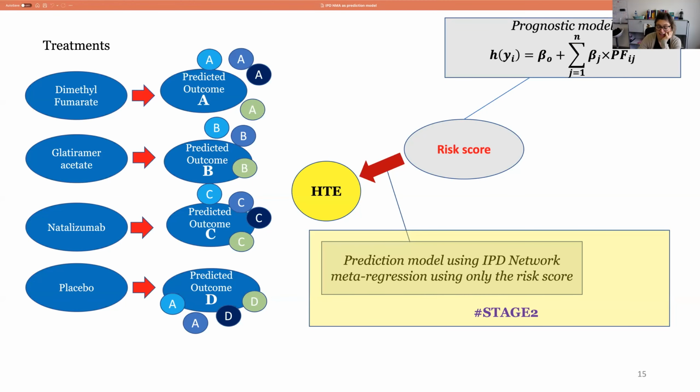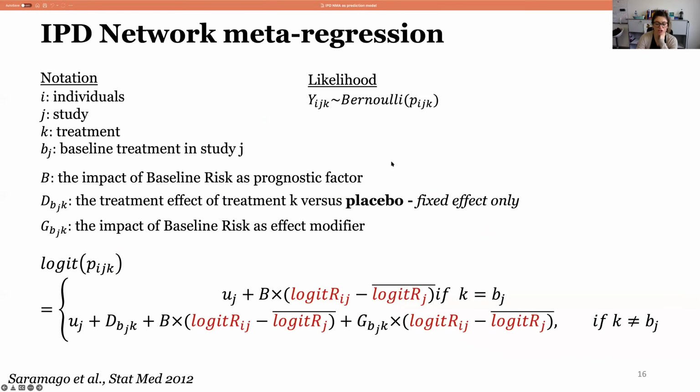So, let's say we have developed this risk score by summarizing all the variables, and then we will enter it into the network meta-regression model, and that is the parameterization of the probability to relapse in 2 years for individual i in study j under treatment k.